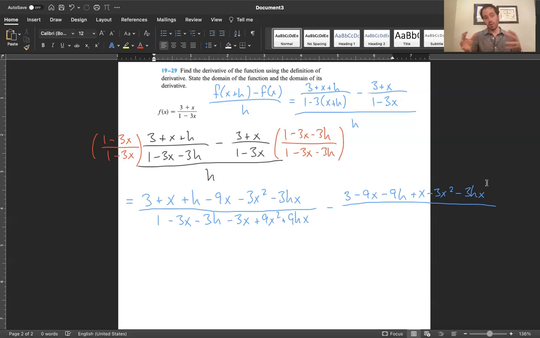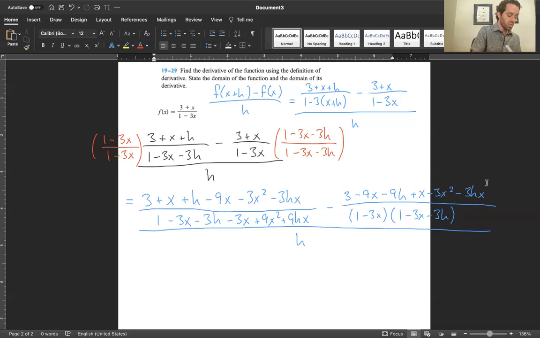And now here I'm going to combine them. Well, really, it will end up being the same as before. But maybe it'll end up being more convenient to actually have them still factored. So I'll write them factored in that form. That whole big ugly horribleness over h.